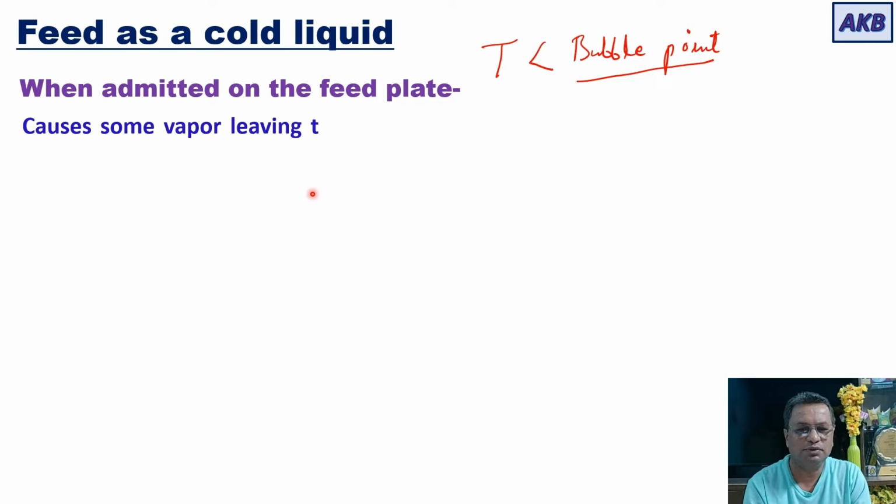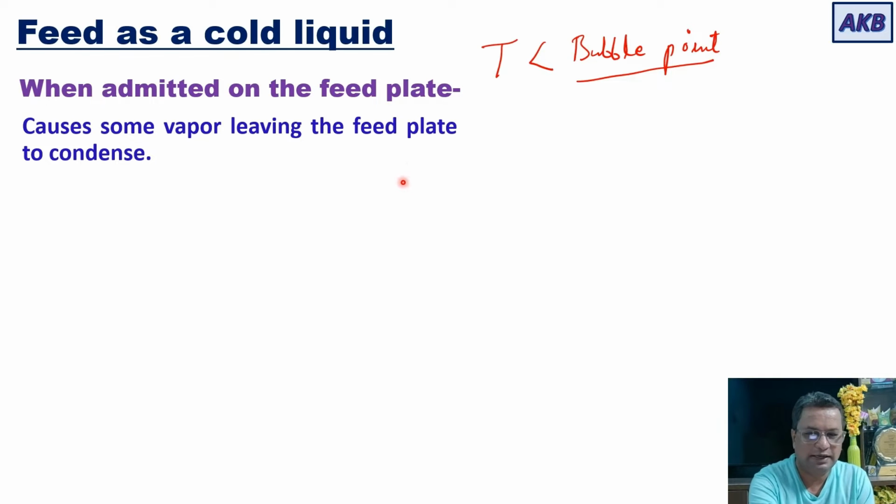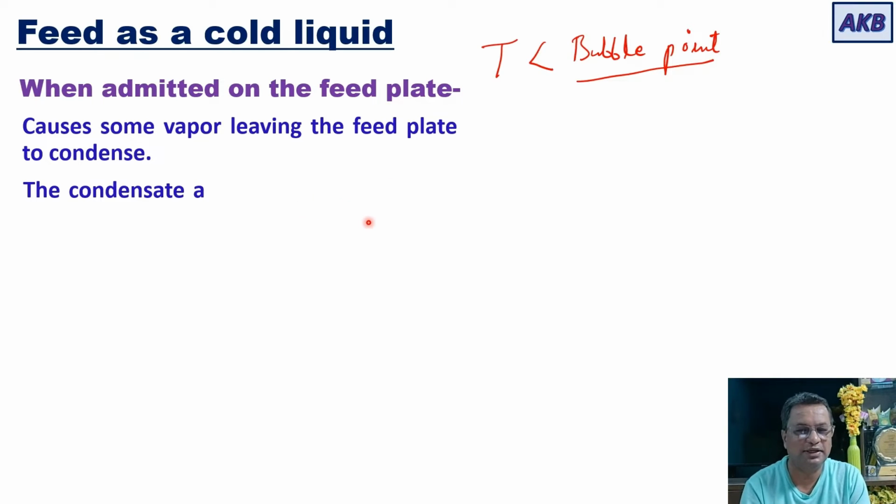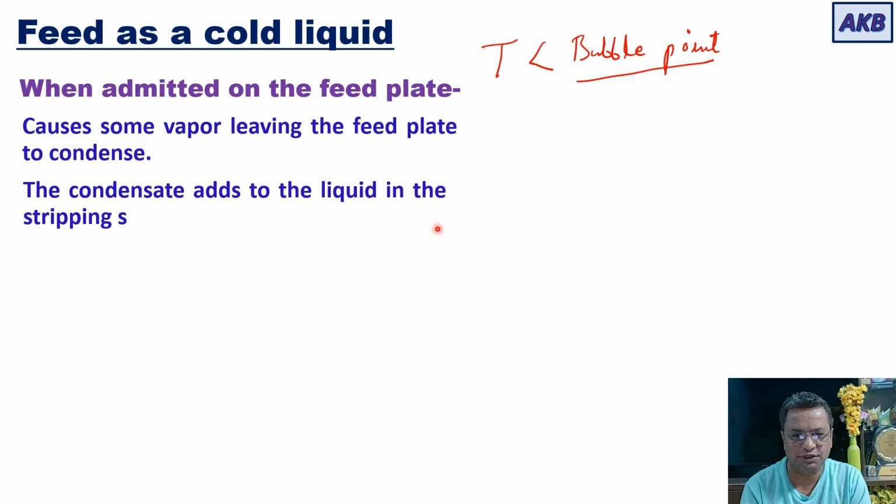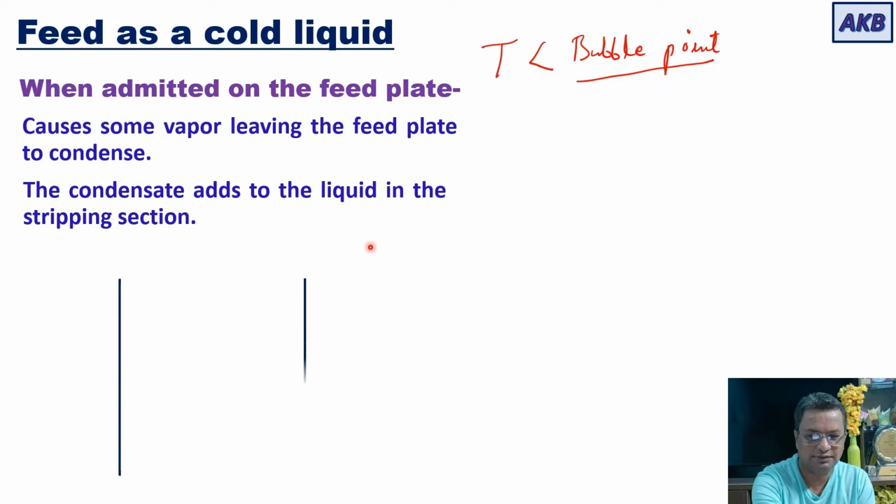It causes some vapor leaving the feed plate to condense. And the resulting condensate will then get added to the liquid in the stripping section. So let us understand this with the help of a simple schematic diagram.